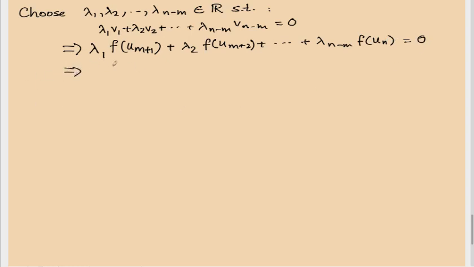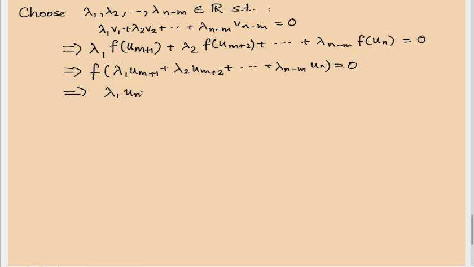So this means, by linearity, f of lambda 1 u m plus 1 plus lambda 2 u m plus 2 and so on, lambda n minus m u n, is equal to 0. So therefore this vector is in kernel of F.